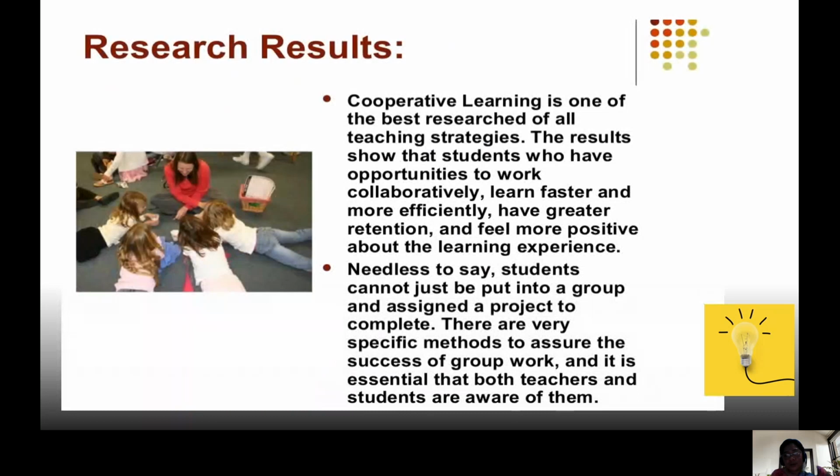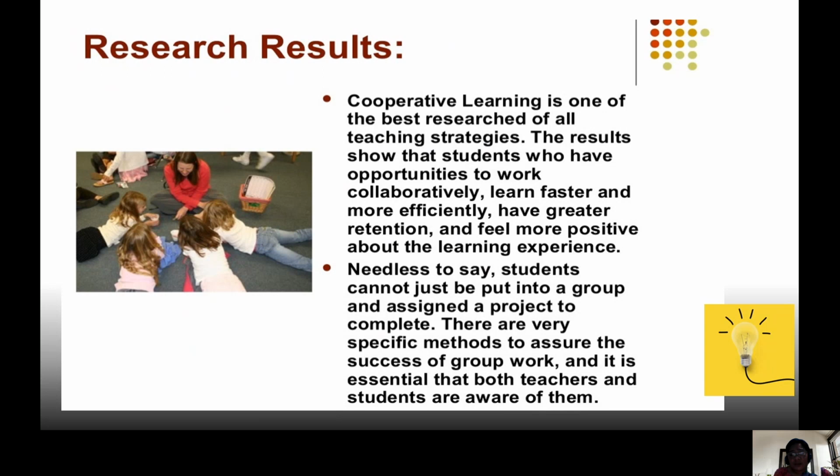So research results say that cooperative learning is one of the best researched of all teaching strategies. The results show that students who have opportunities to work collaboratively learn faster and more efficiently, have greater retention, and feel more positive about the learning experience. Needless to say, students cannot just be put into a group and assigned a project to complete.